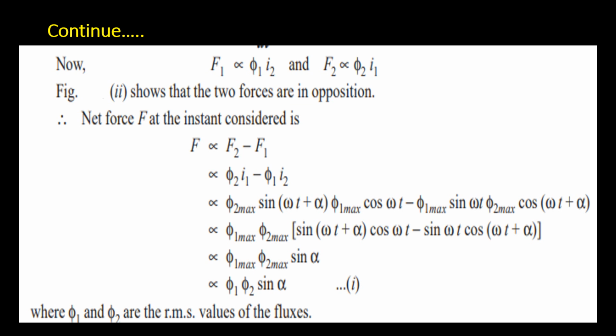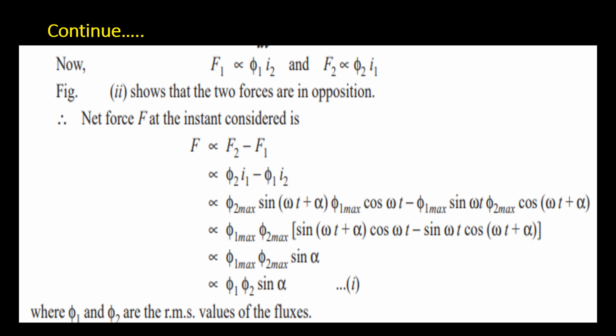As shown in the elementary diagram, these two forces F1 and F2 are opposite to each other. So net force at the instant is considered as F, proportional to the difference between F1 and F2. So it is written here, net force F is directly proportional to F2 minus F1.